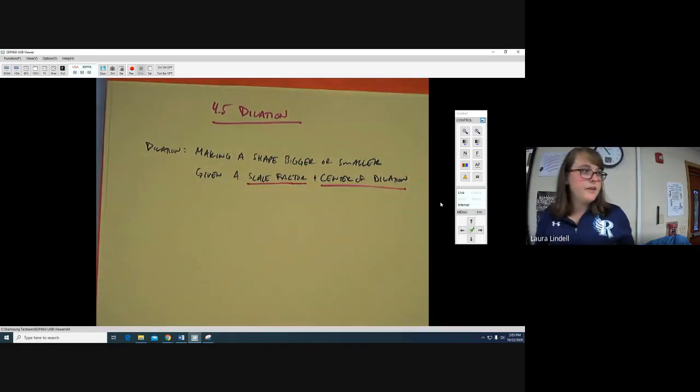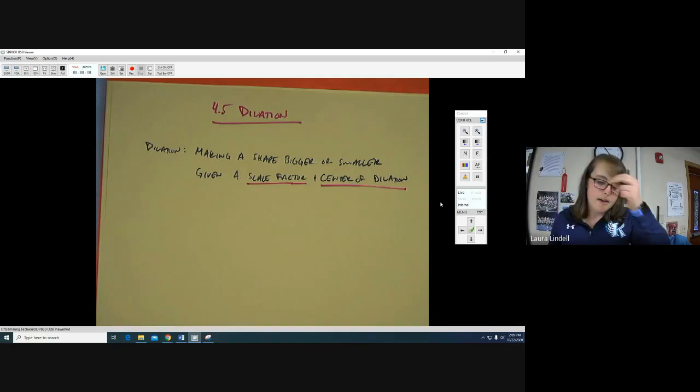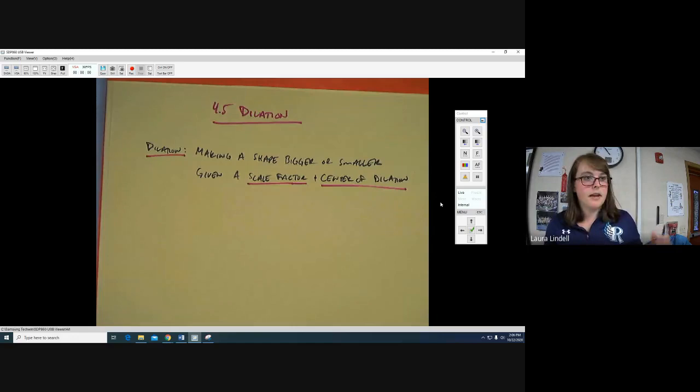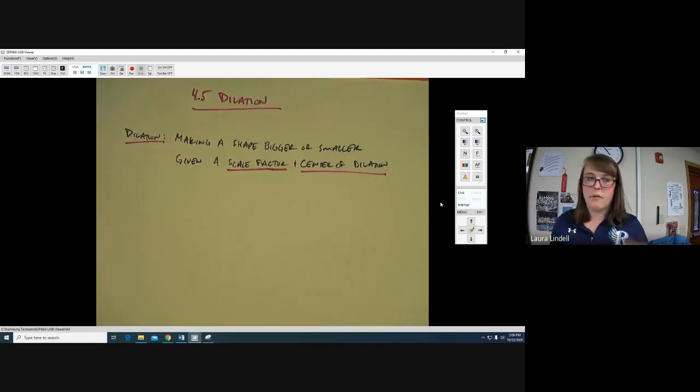And this dilation process will preserve proportions. So it will still look proportionate. It's not going to make your shape short and fat or tall and skinny or anything like that unless it is already one of those things.